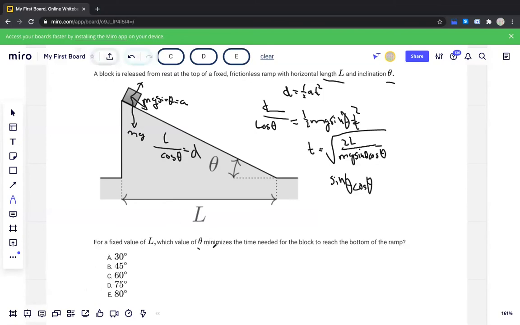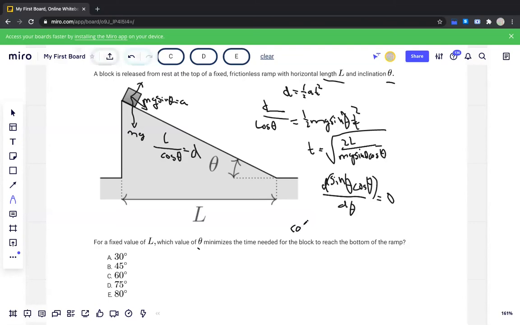But if you know calculus, you can do this a faster way by taking the derivative of this with respect to theta. So if we take the derivative of this with respect to theta and set this equal to 0, we can actually solve for theta. We use the product rule, and we get the derivative of sine theta with respect to theta times cosine theta. The derivative of sine theta with respect to theta is cosine theta.